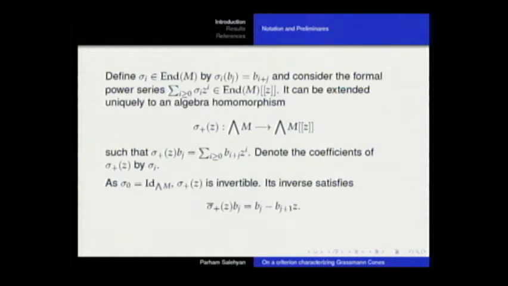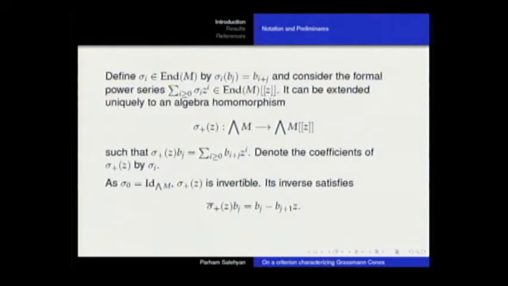You can define a map from the tensor product of M, and after that, using the universal property of the exterior algebra, extend it to wedge M. This algebra homomorphism satisfies this equality over M. And we also denote its coefficients by sigma i again.